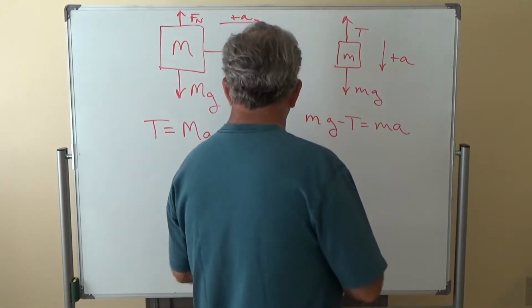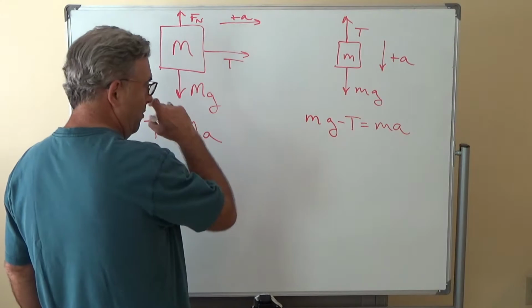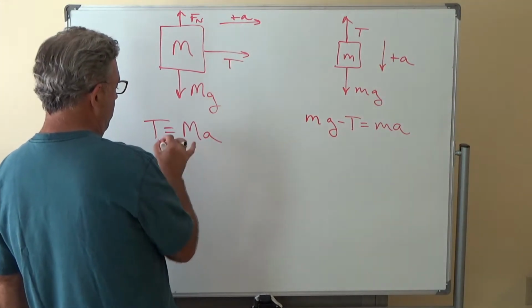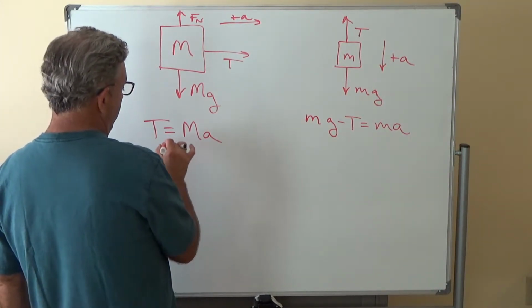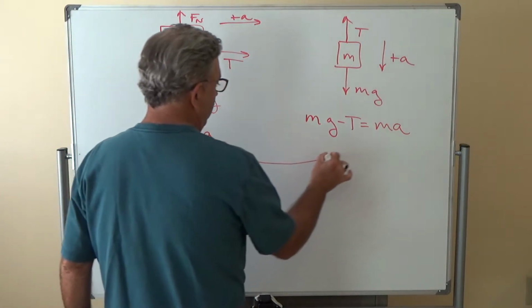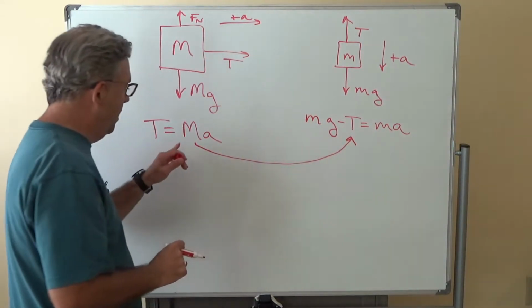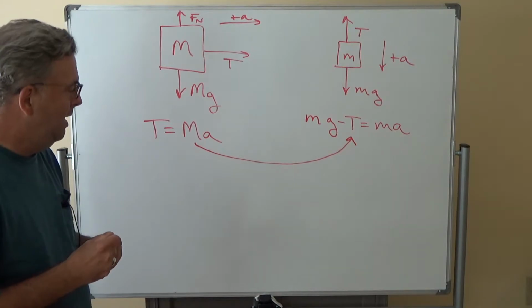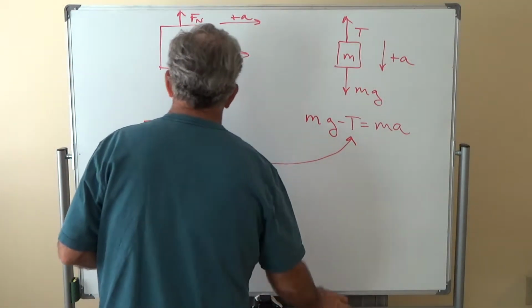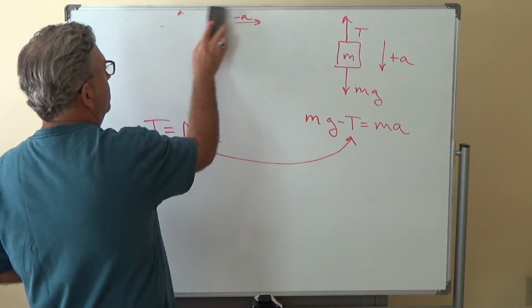So I'm going to put these two together because I want to solve for the acceleration. So I will replace T in this equation with big M a. Two equations and two unknowns.